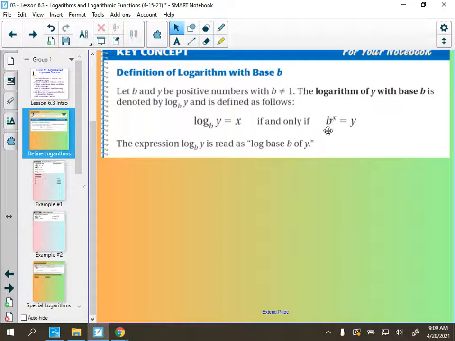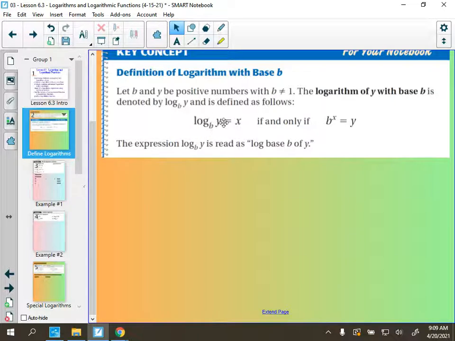Okay, so the base of your power becomes the base of your logarithm. All right, so that's pretty simple enough. You're kind of using the same word. Base of the power becomes the base of the logarithm. The less intuitive part is with this exponent and what it equals. There's this weird crossover thing.